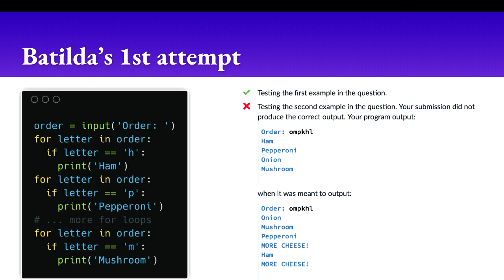Testing the first example in the question, they got it right. So they feel a bit proud about it. But the second example did not produce the correct output. What their eyes are drawn to straight away is that they didn't hit the more cheese part. So they're not printing out more cheese when they get to the letters that they don't know.